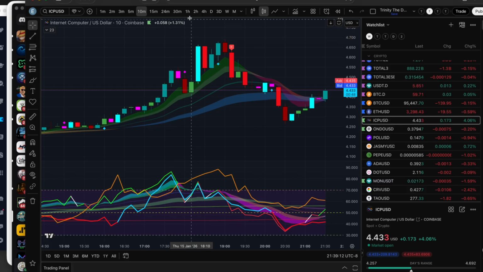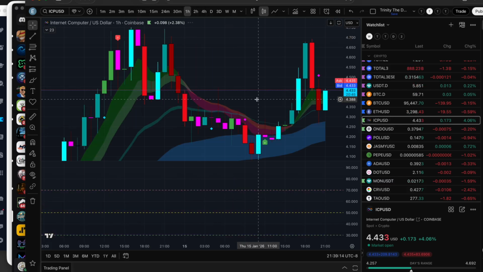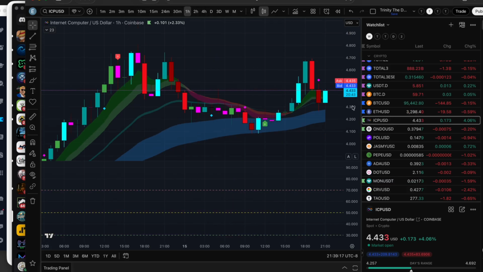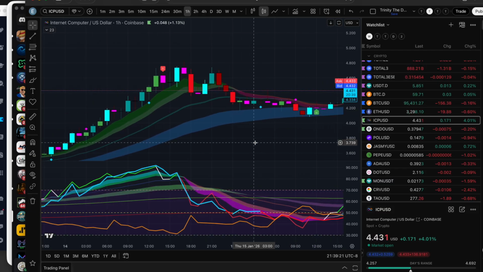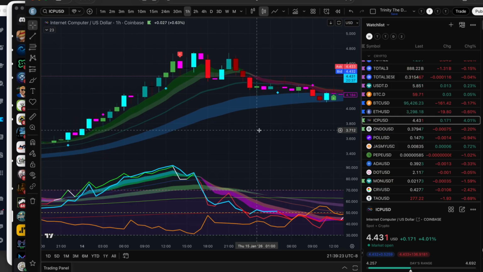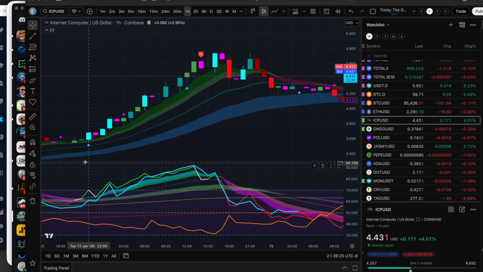Now, does this also work on a 1 hour time frame? Well, let's take a look. The short answer is it does. You've got a buy signal down here. There's your higher time frame RSI.